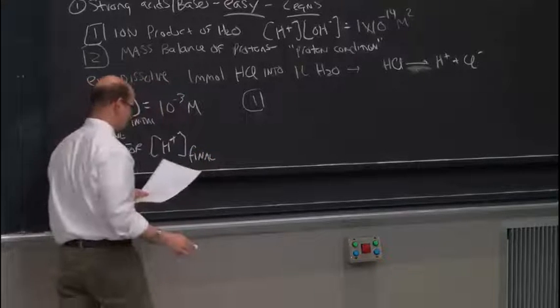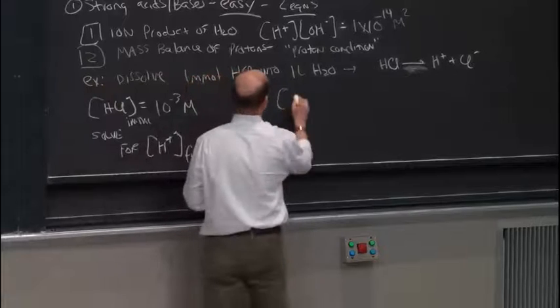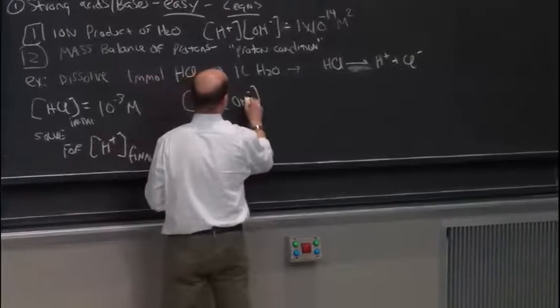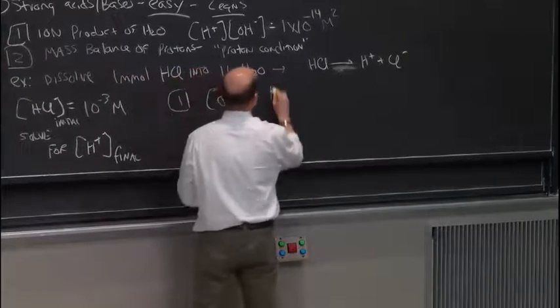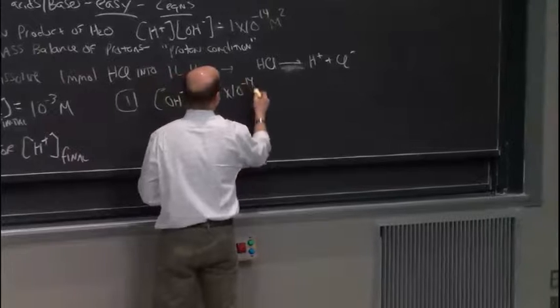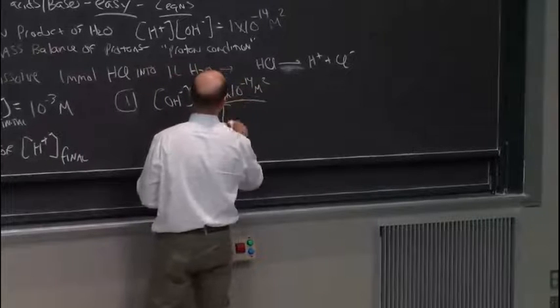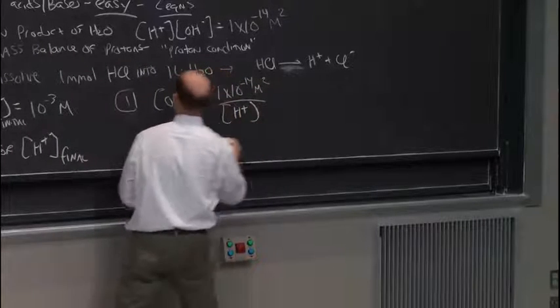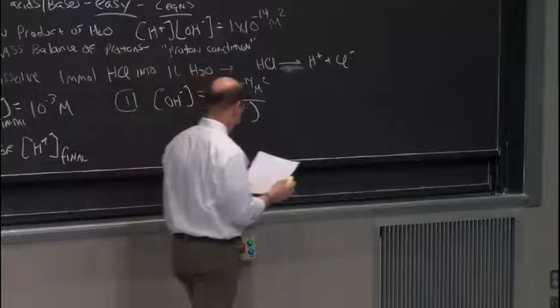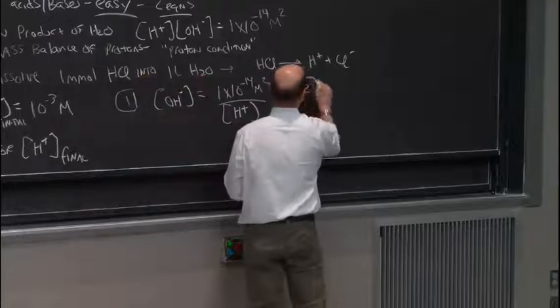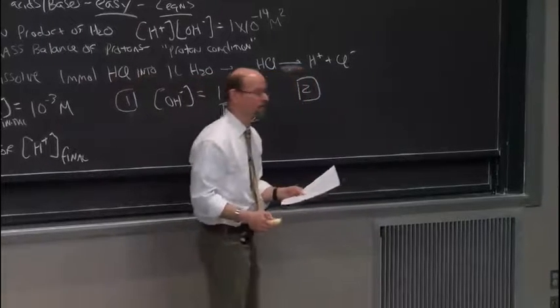So let's just use our two equations. We know, first off, that the concentration of OH minus is simply equal to 1 times 10 to the minus 14 molar squared divided by the concentration of protons. That's our first equation. Okay? And then we know from our second equation that there are two sources of protons.